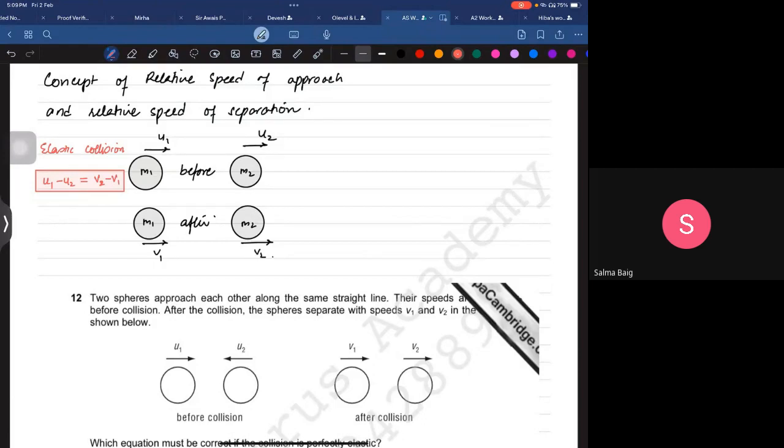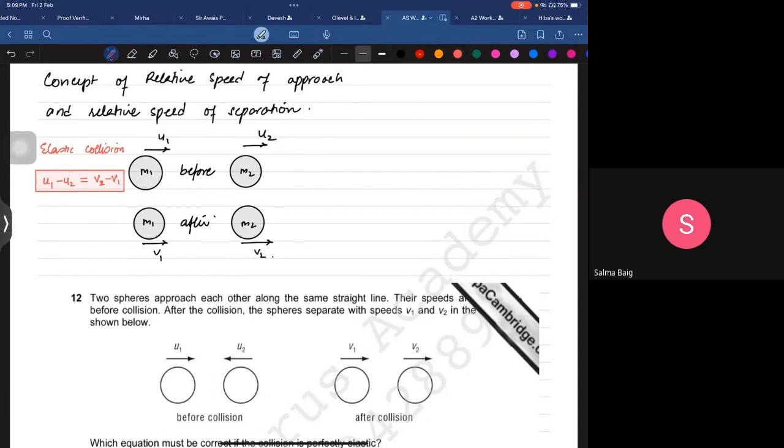It's good. Okay, fine. So I was saying that to know whether something is an elastic collision or not, we can use this formula. It's very simple: u1 minus u2, so the initial velocities change, equals the final velocities change.